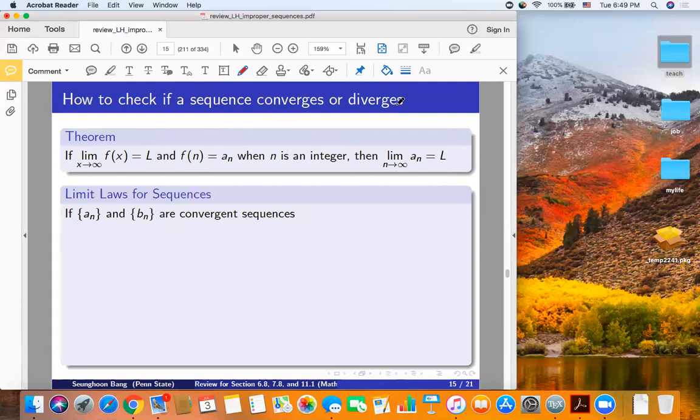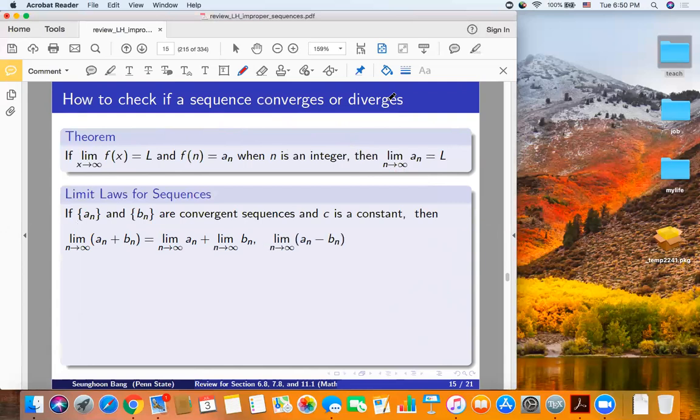So if the sequences a sub n and b sub n are convergent sequences, and c is a constant. The first one, the limit of a sub n plus b sub n: you distribute the limit. The limit of a sub n as n approaches infinity plus the limit of b sub n as n approaches infinity.